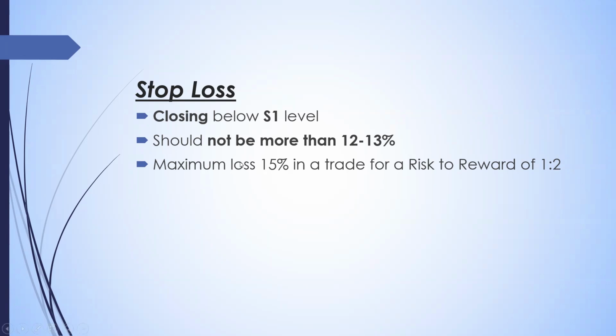The maximum loss that I can bear in one trade is 15%. And I'll be looking for a 1:2 risk to reward ratio. So if my stop loss is around 12 to 13%, then I'll be expecting a profit of around 24% to 26%.